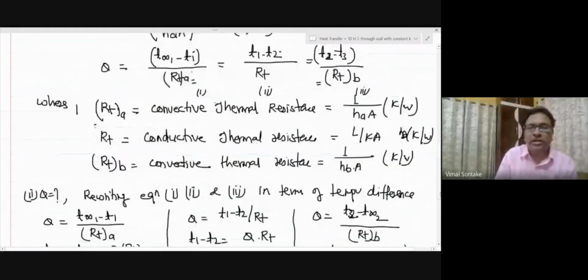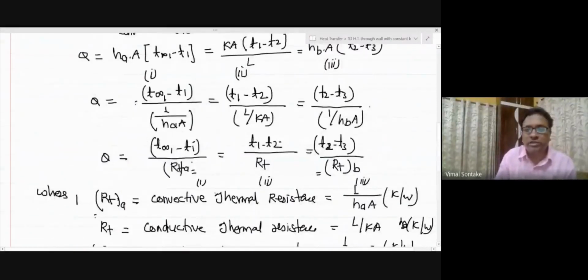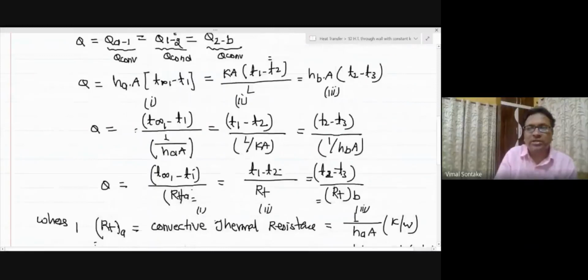Sorry, I have used the wrong notations here. Please correct this.